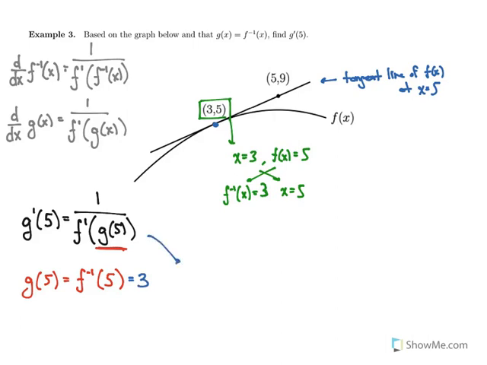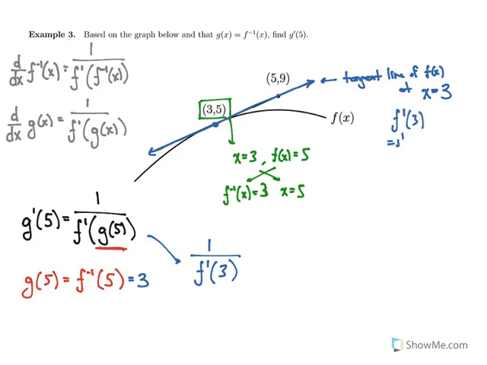So now we've boiled this problem down to 1 over f prime of 3. Now I realize I made a little mistake here. I called this line here the tangent line at x equals 5. It should be the tangent line of f of x at x equals 3. And that's the x value that we're talking about. And this is how we're going to find the derivative at 3.